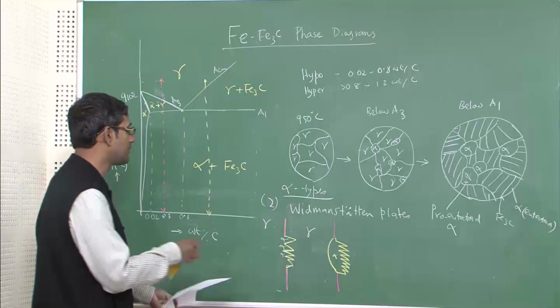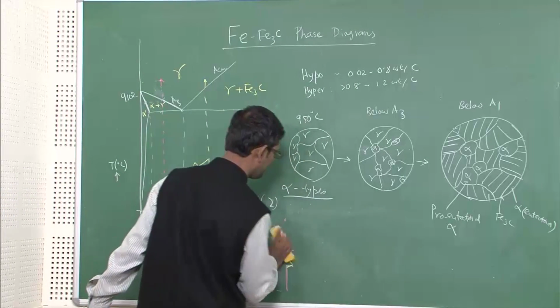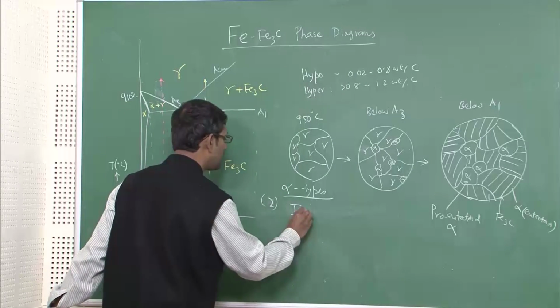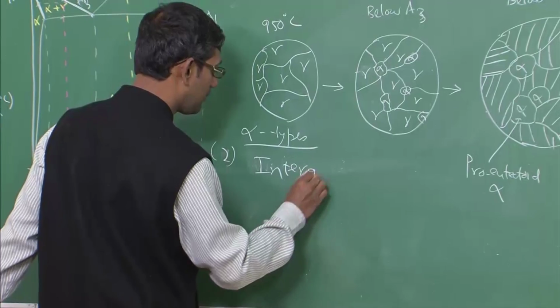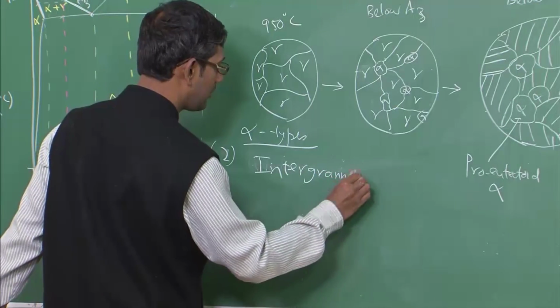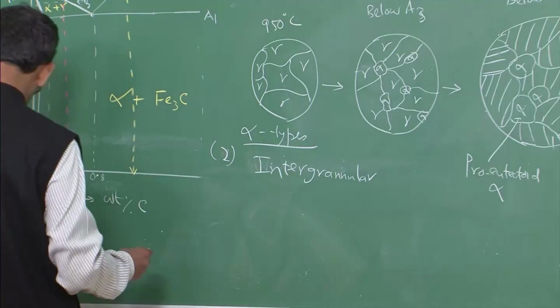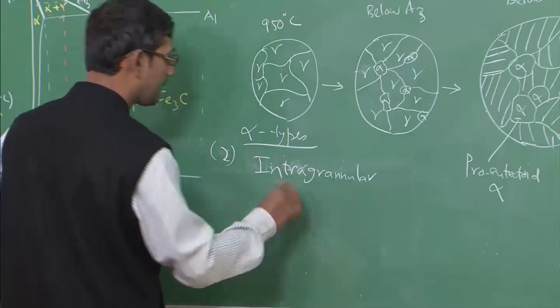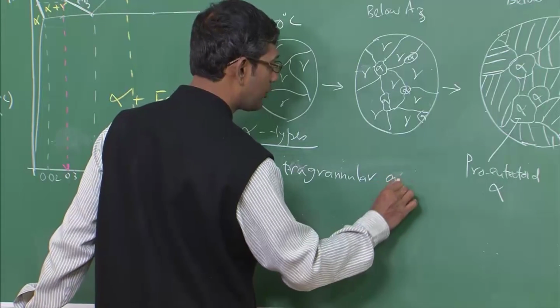Okay, what does intergranular alpha look like? Intergranular alpha will be within the grains, intragranular alpha, intragranular allotriomorphs.